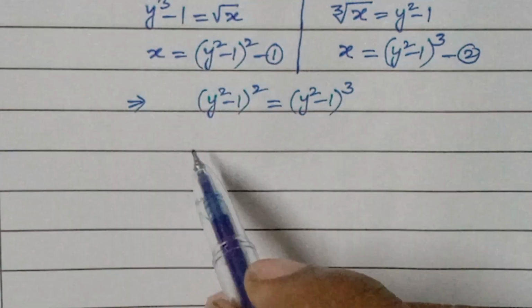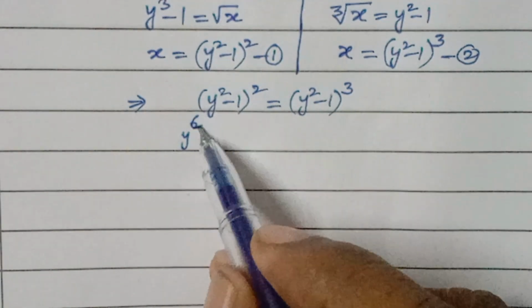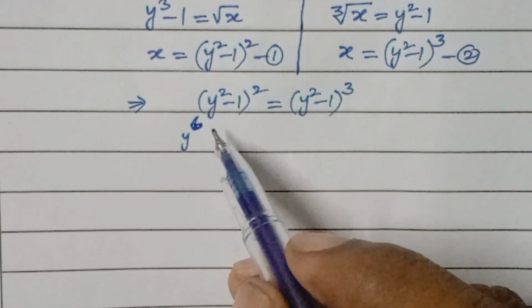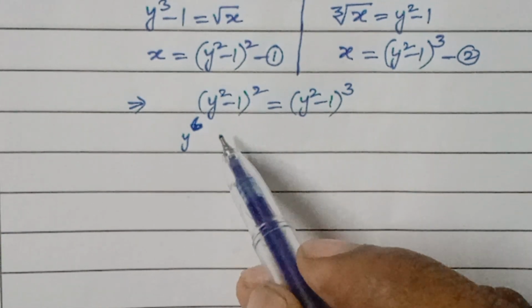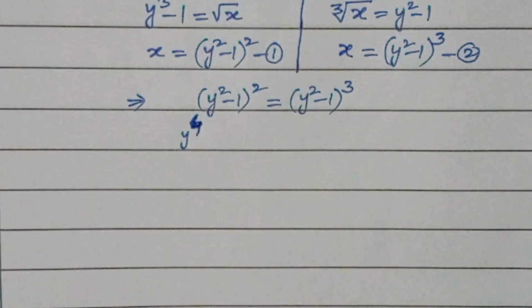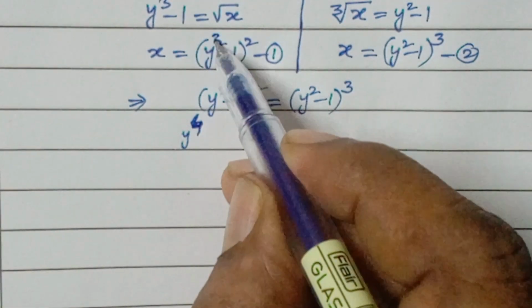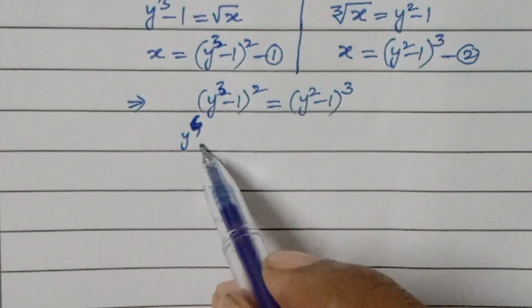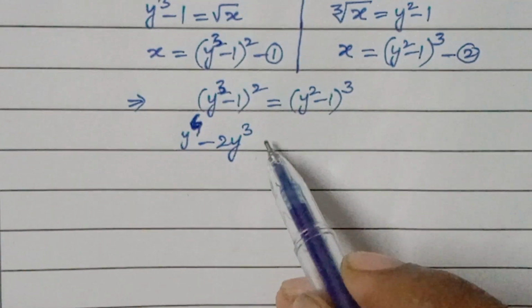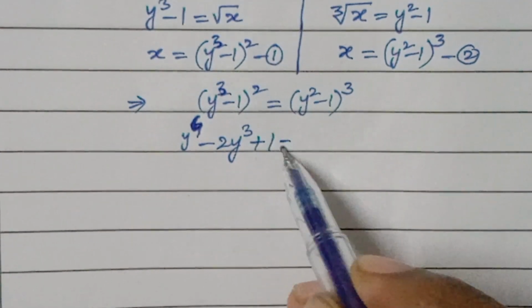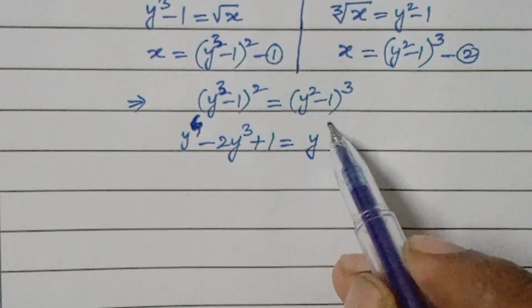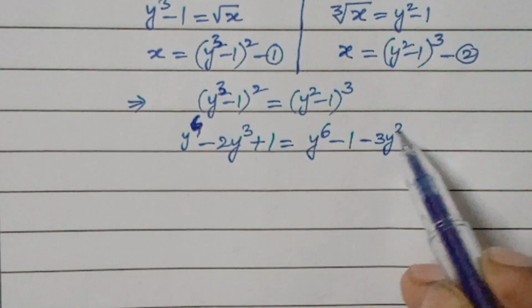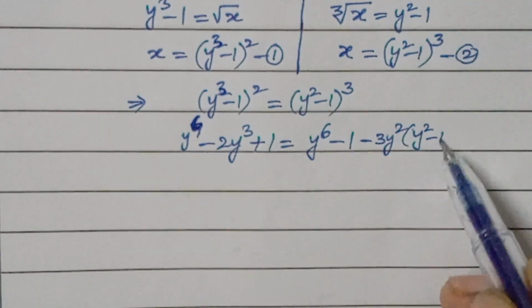Now if you expand this, y to the power of 6 minus 2y cube plus 1 is equal to y power 6 minus 1 minus 3y square into y square minus 1.